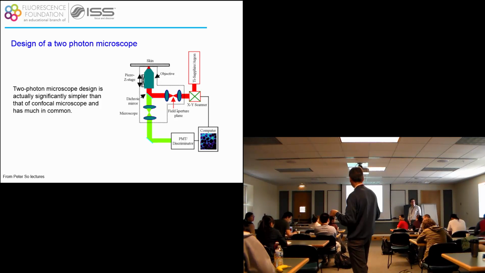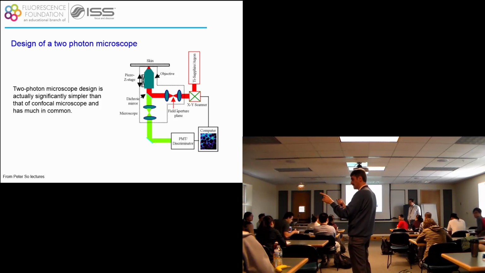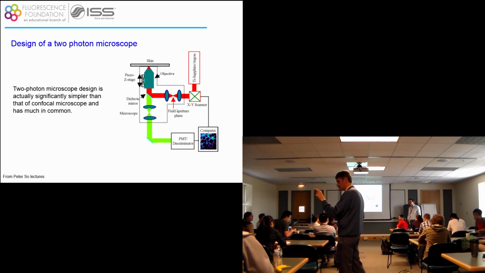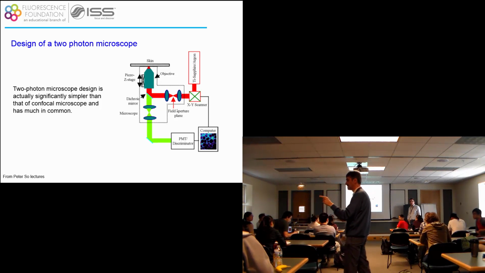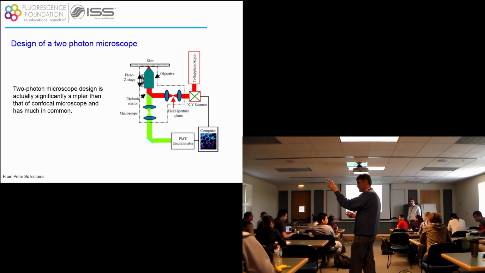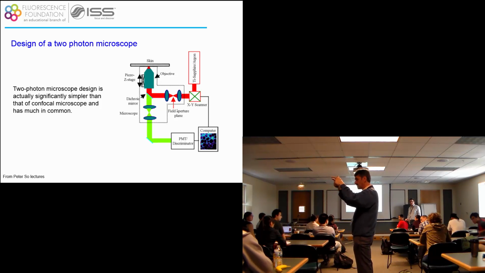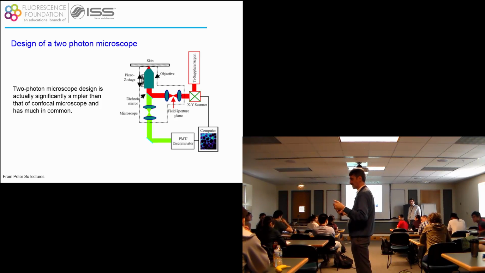The other way is to use galvo mirrors. So the beam goes to two different mirrors. One scans in X, the other one in Y. And just to give you an idea, at each pixel of the image you may stay 4 microseconds. You divide your image, let's say 256 by 256 pixels. At each one you stay 4 microseconds, and then you do a raster image, another line, another line, and you acquire the photons.